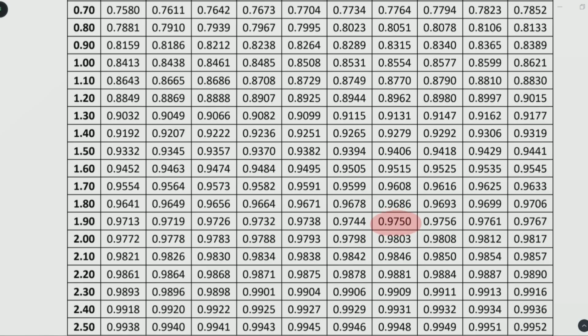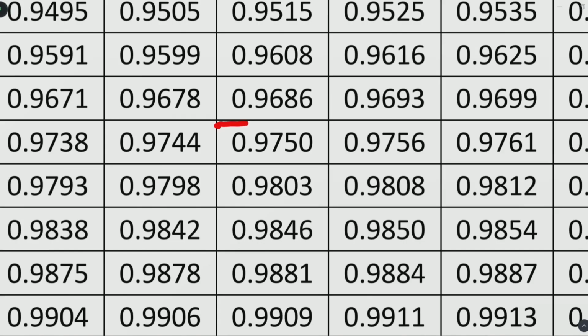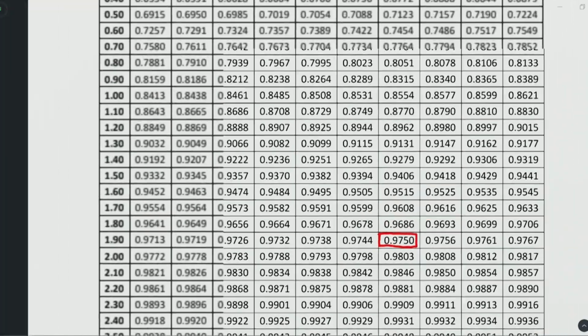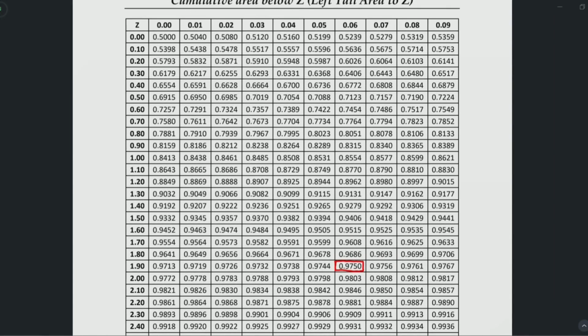So let us mark this first of all. This is going to give you 97.5% area under the normal curve, and we need to find the relevant Z score. The row has a heading of 1.90 and the relevant column has a heading of 0.06.